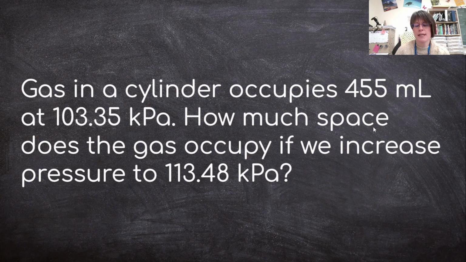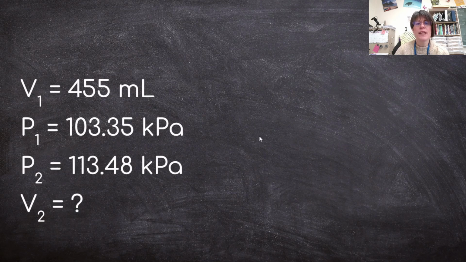So the first thing I like to do is write down what I know and what I want to know. So we know the initial volume is 455 milliliters. The initial pressure is 103.35 kilopascals.